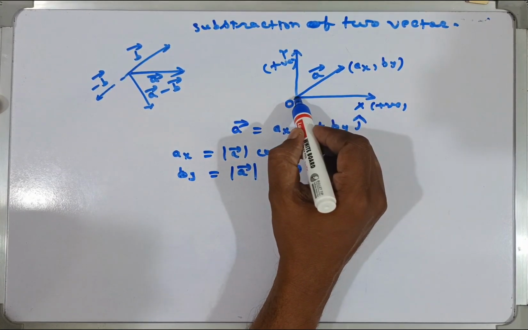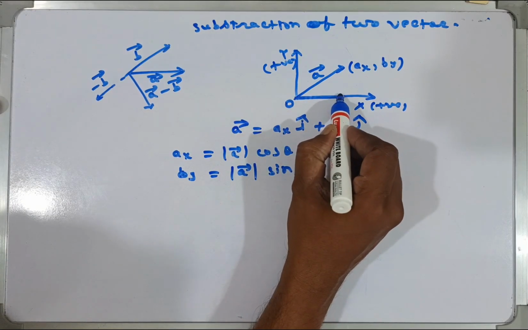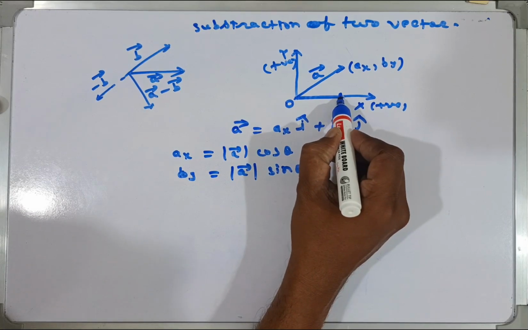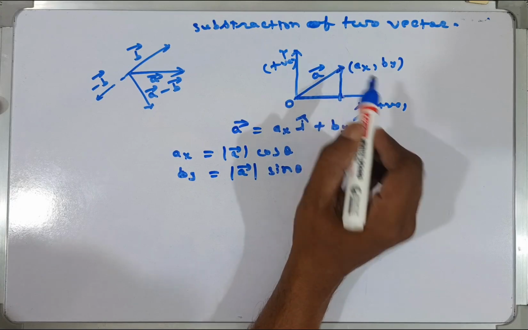What happens in coordinate geometry is you move ax distance here, then you move in the y direction here, so we will get this position.